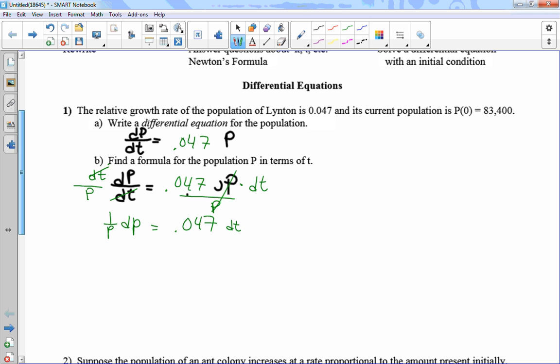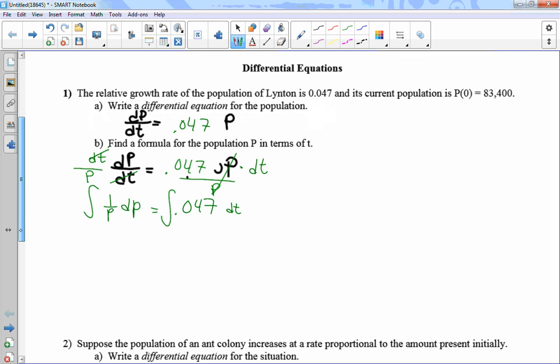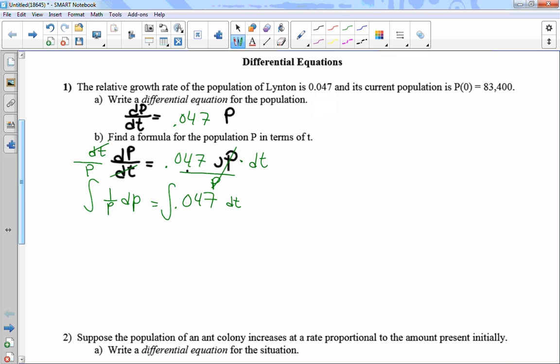Okay, now to find the formula for population P. How would you find P? Integrate both sides. Okay? So on the left side, when we integrate that, what do we get? Yep.